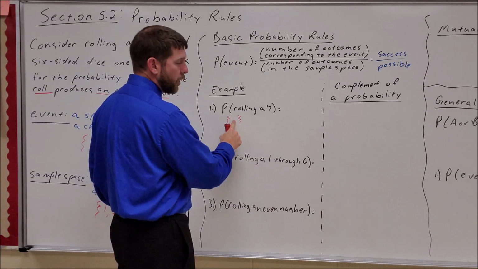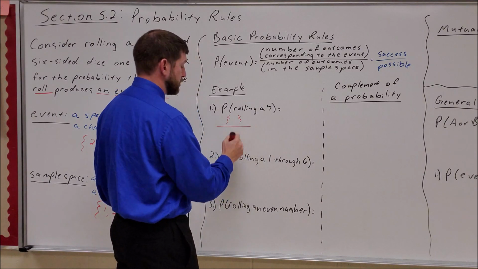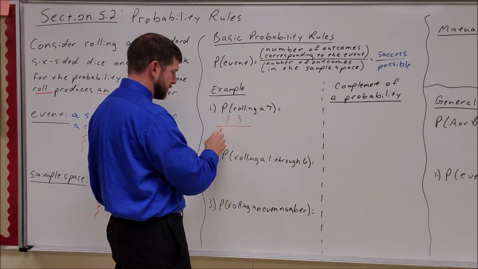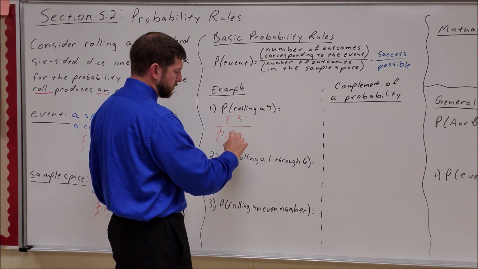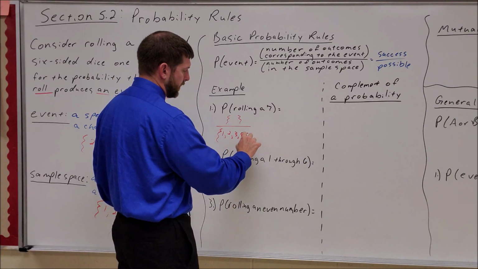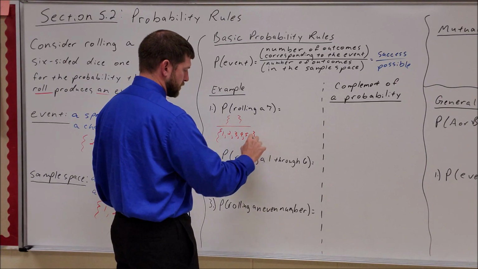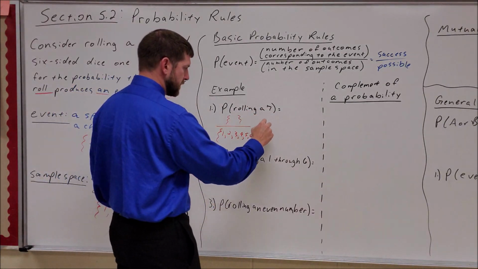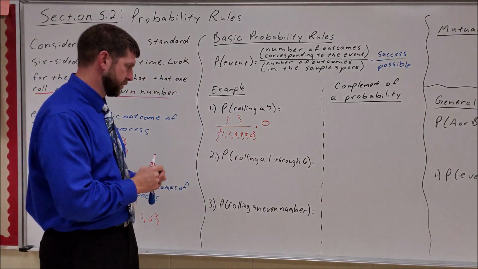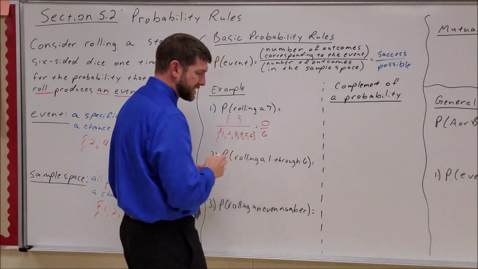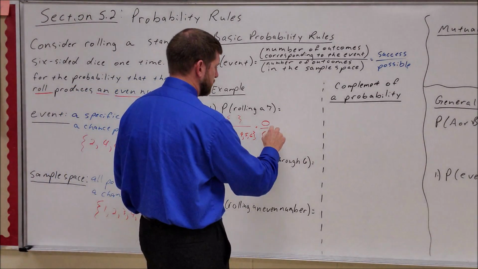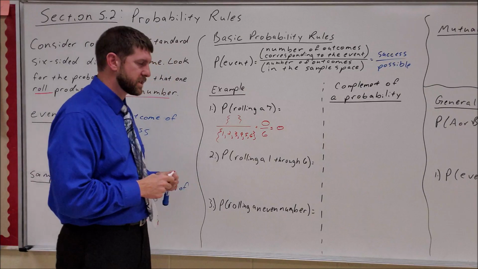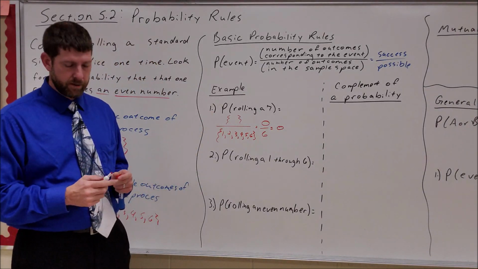So there are no successful outcomes. Our possible is still 1, 2, 3, 4, 5, or 6. So in this problem, there would be 0 chances of being successful out of 6 possible outcomes. So there's a probability of 0 for rolling a 7.